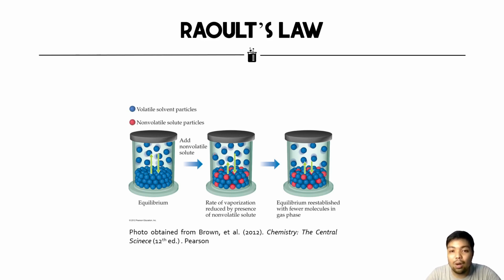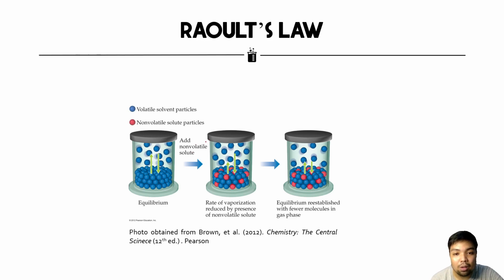Okay? So what will happen is it will be harder for it to go into the gas phase. So what happens here is that at equilibrium, mas gajutay na ang gas molecules or ang vapor molecules mo kaysa nga sa molecules mo nga ara sa liquid phase.